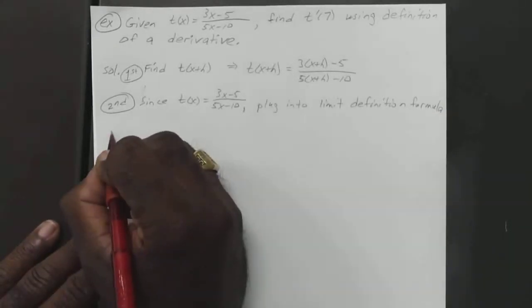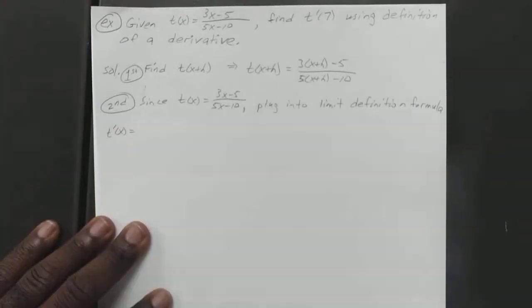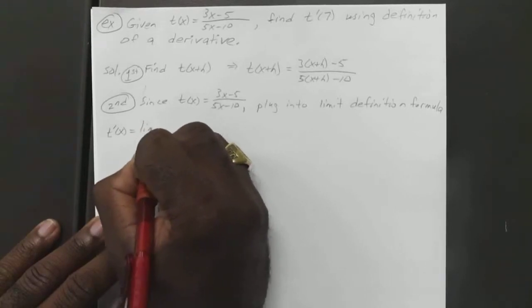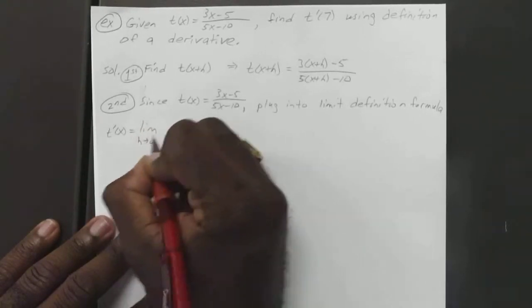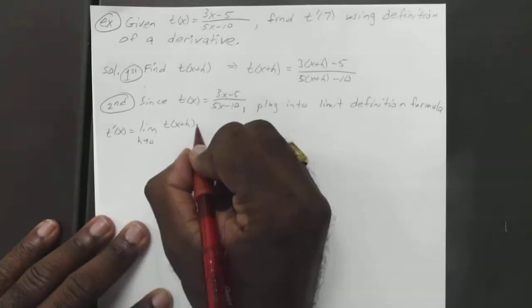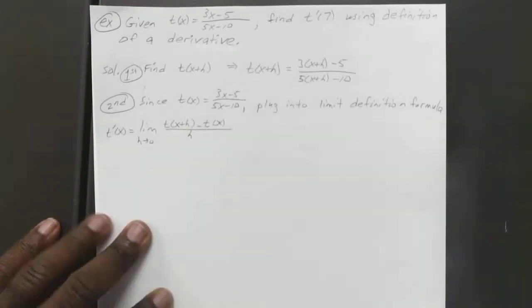So since we know that t of x is equal to 3x minus 5 over 5x minus 10, we plug it into our limit definition formula. So we know that t prime of x is going to equal the limit as h approaches 0 of t of x plus h minus t of x, all over h.